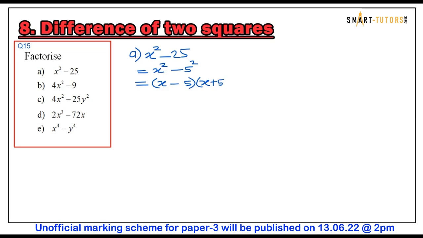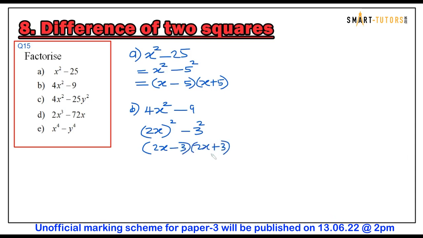That is the A part. It's a straightforward, easy question. B part, 4x squared minus 9. You can write that as 2x whole thing squared minus 3 squared. So the first bracket is going to be 2x minus 3, and the second bracket is going to be 2x plus 3.